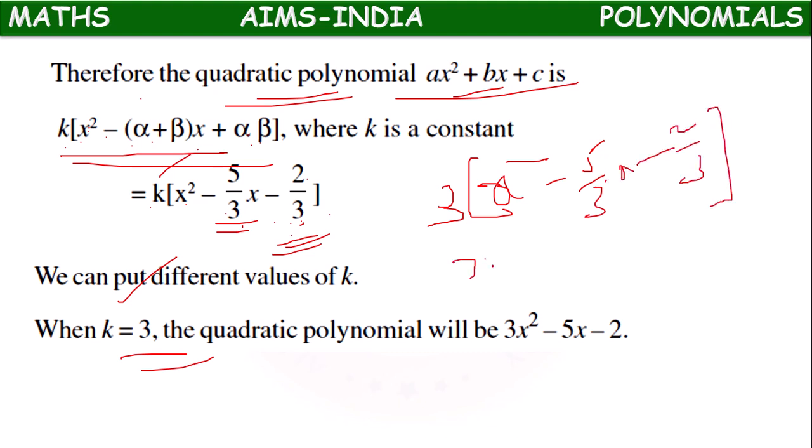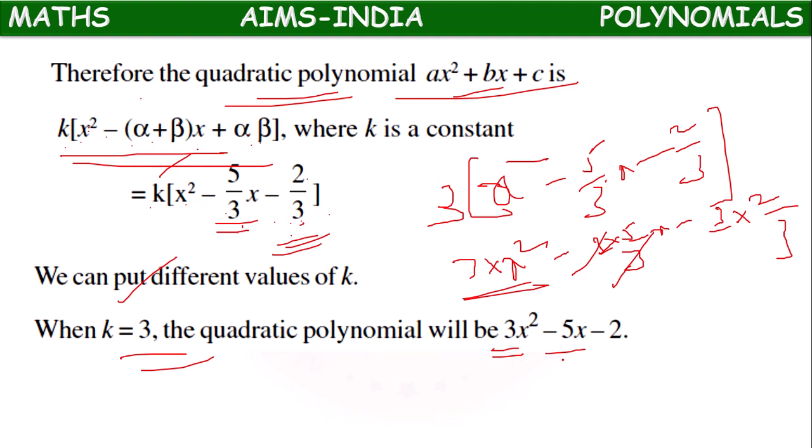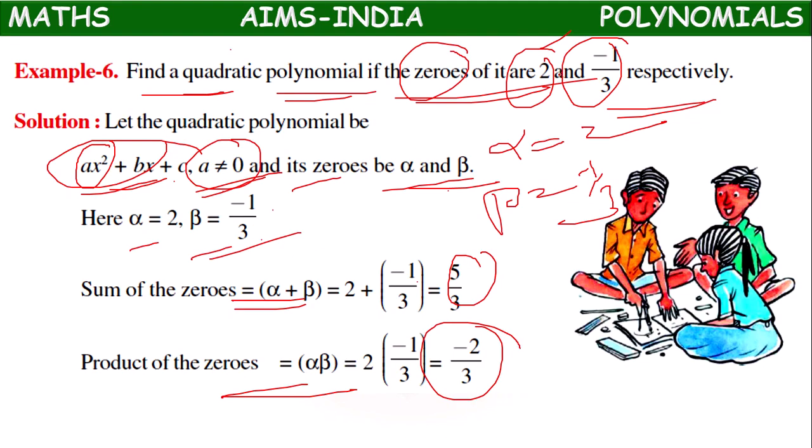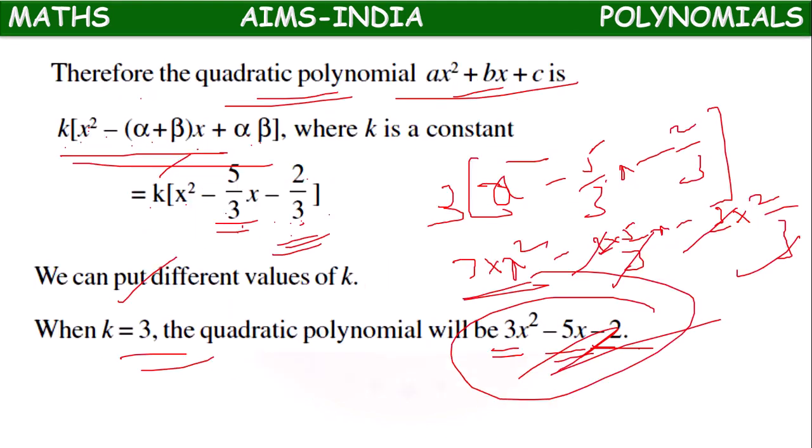With 3 we multiply all terms: 3 into x square, minus 3 into 5 by 3 x, minus 3 into 2 by 3. So 3x square, 3 cancels, minus 5x, 3 cancels, minus 2. This will be the quadratic polynomial which is having roots 2 and minus 1 by 3. According to our requirement, we can take the value of k.